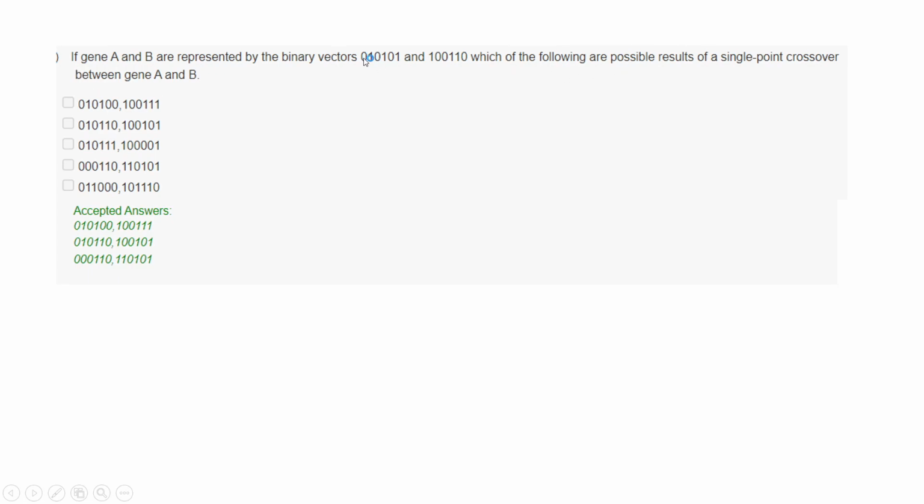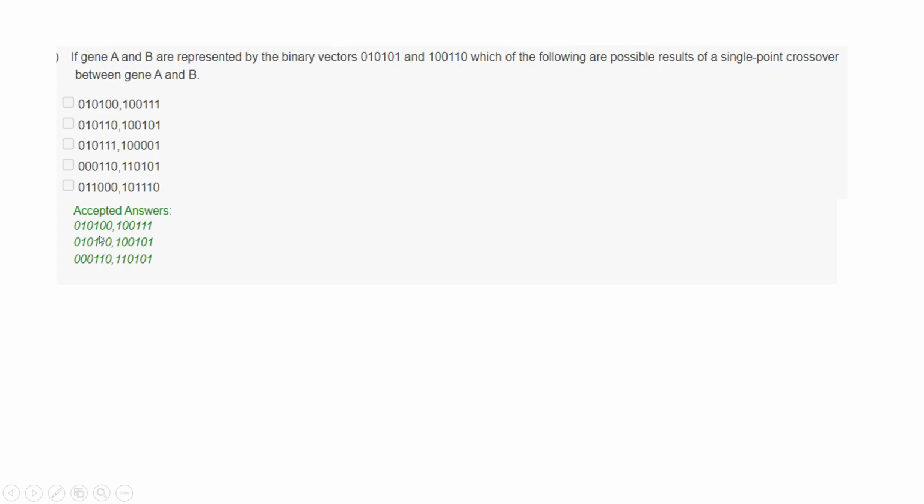So you had 0, 1, 0, 1, 0, 1 and 1, 0, 0, 1, 1, 0. This is single point crossover. Basically the last one here is replaced by 0 and here the last 0 is replaced by 1. So the first one is true.